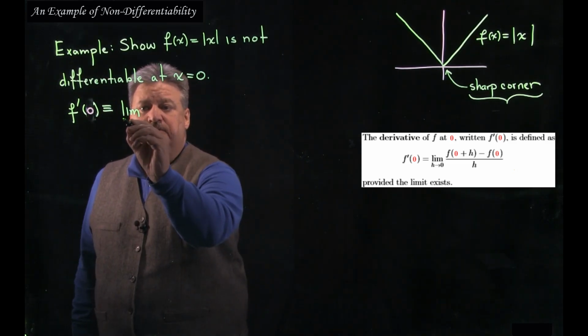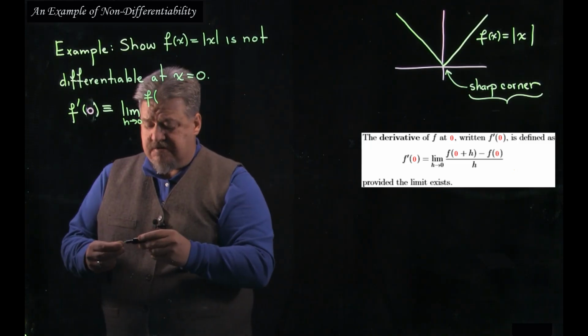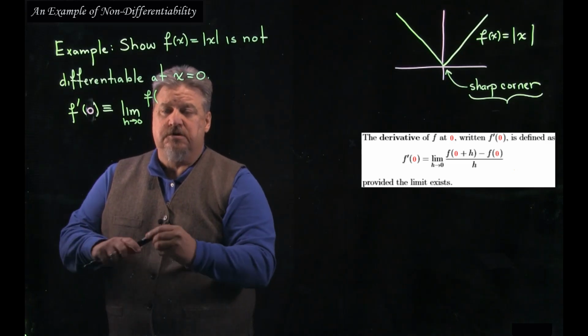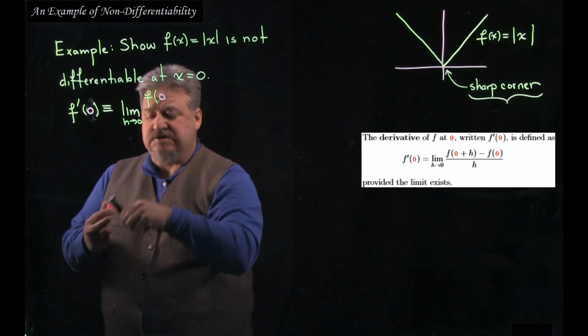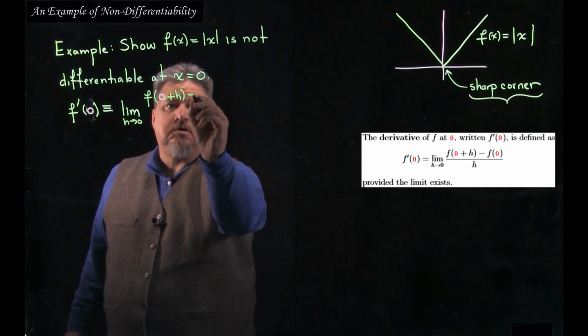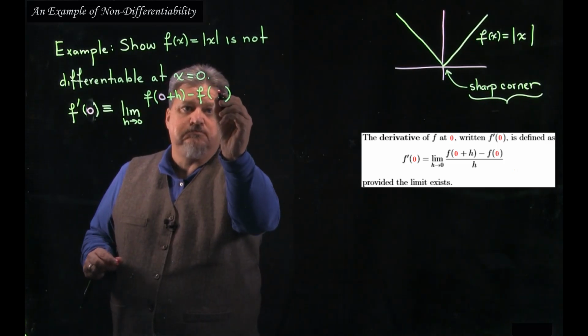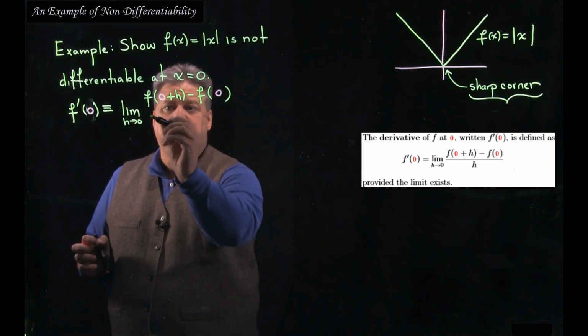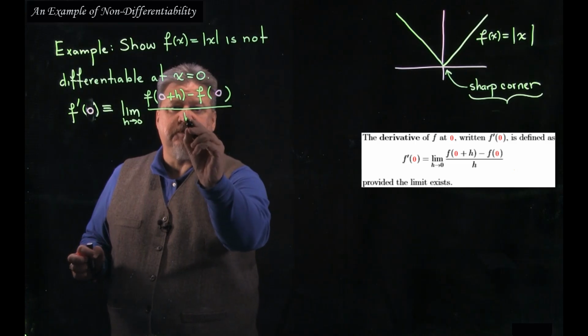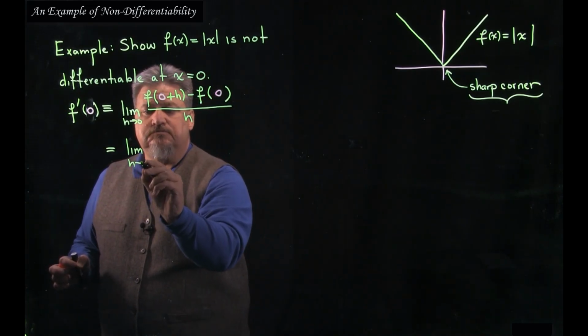So this is the limit as h goes to 0 of f of 0 plus h minus f of 0 over h. And let's see what this limit becomes.